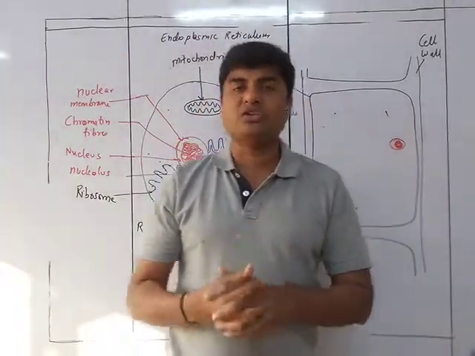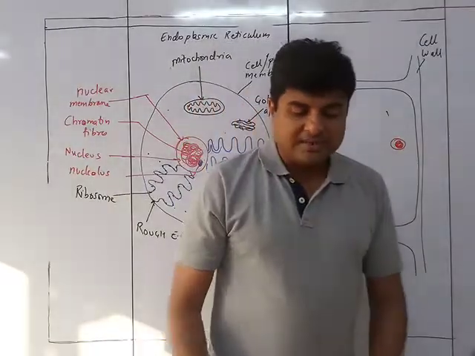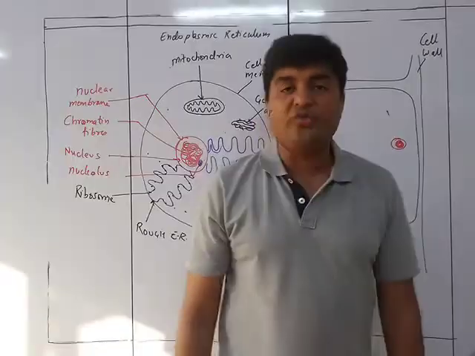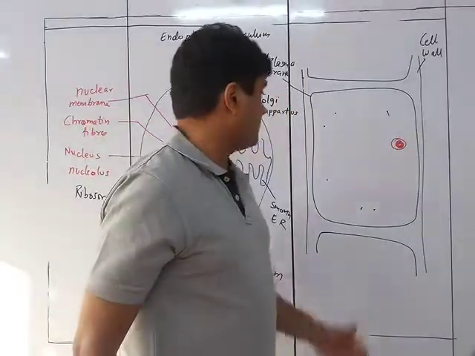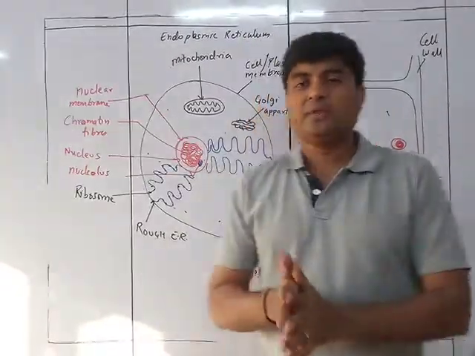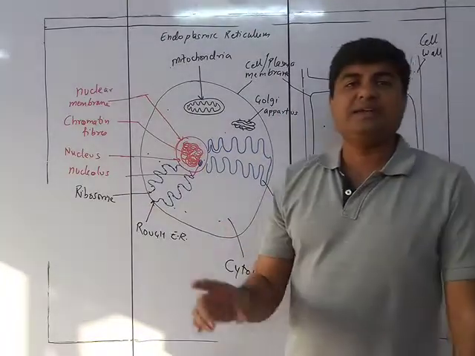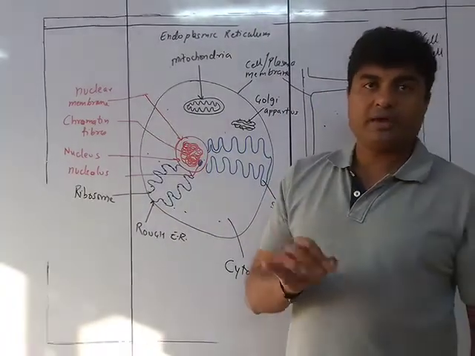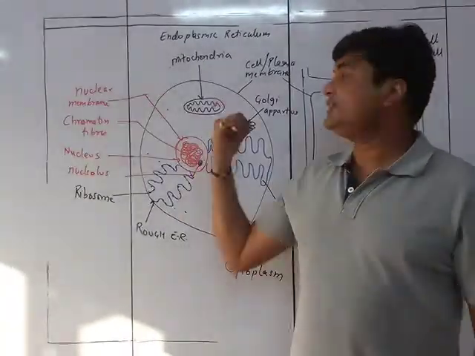Now the main function of the Golgi apparatus is synthesis and secretion of enzymes and hormones. Now we can consider in simple layman terms that Golgi apparatus is the cook, okay, rasoya, cook of the cell. Why?